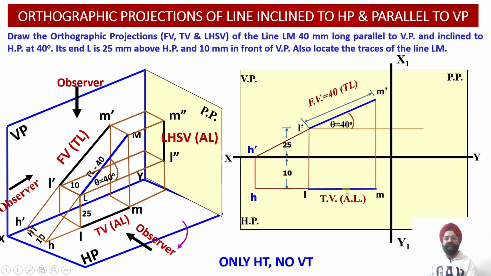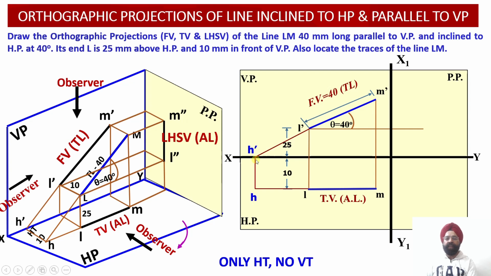We have to extend this plan projection line and draw a horizontal locus line through the points L and M, such that this horizontal locus line intersects the vertical projector line which has been drawn through the point H dash. Wherever this point of intersection is obtained, we will be able to locate point H in the plan.